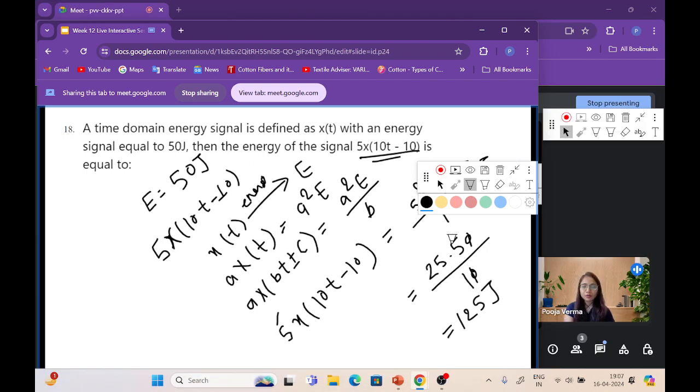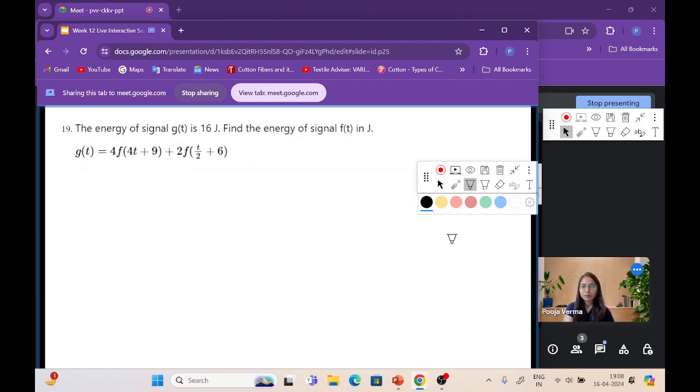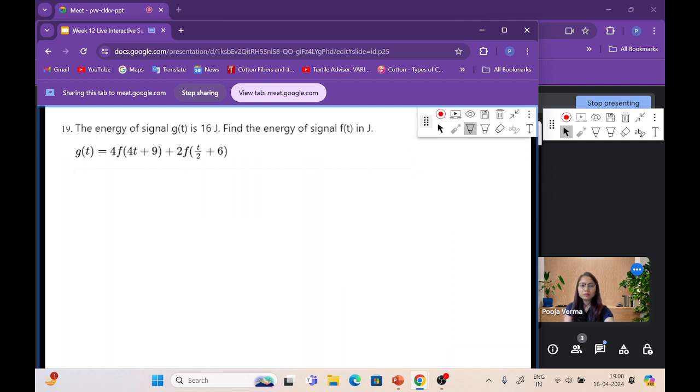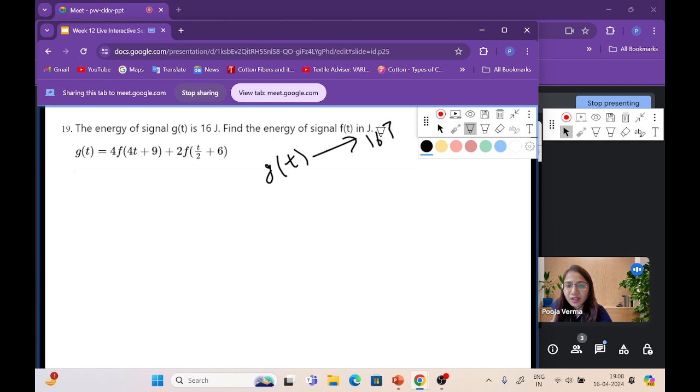Okay. So moving to the next question. The next question is, the energy of a signal g(t) is 16 joule. So the energy of that signal g(t) is given as 16 joule. Find the energy of signal f(t). Now we need to find out the energy of that signal f(t).